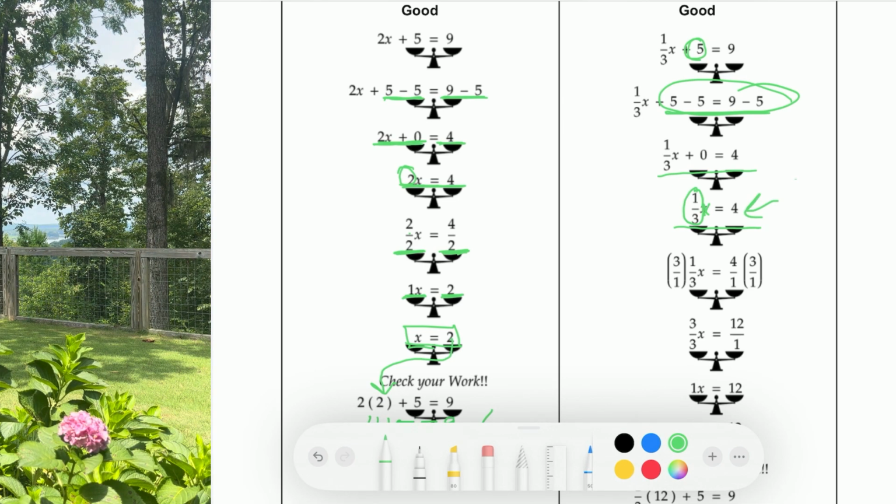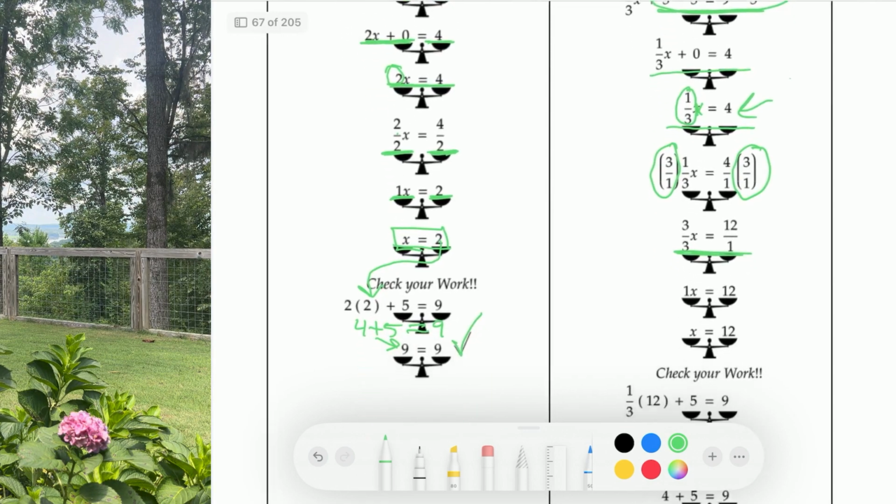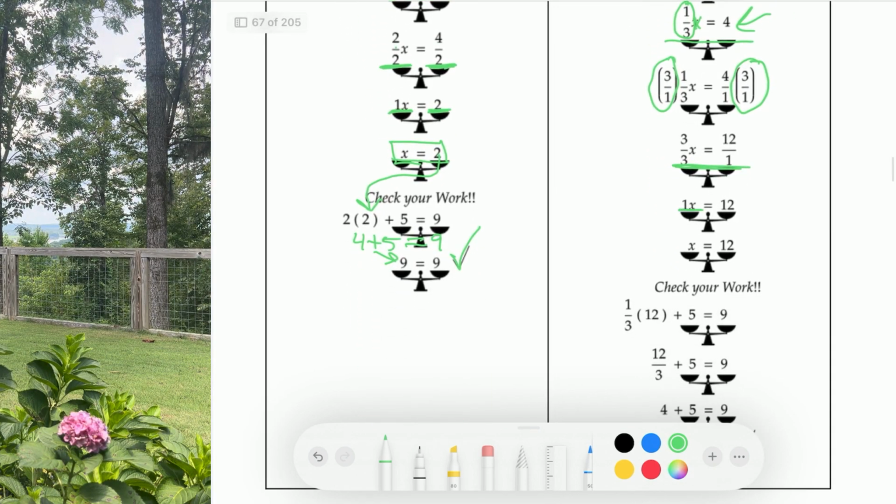So I'm going to multiply 1/3 x by 3/1. If I do that on one side, I need to do that on the other side. So I end up with 3/3x equals 12/1. 3/3 reduces to just 1x, and 12/1 reduces to 12. So our answer is x equals 12.